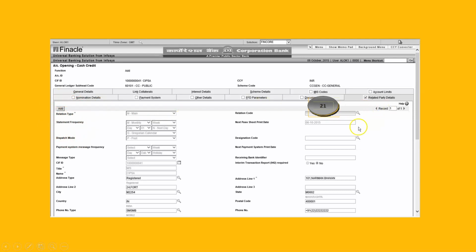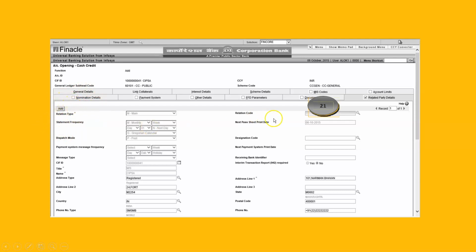related party details. First, when you go to the related party tab here, the first detail will be of the original KIF ID that we have entered while opening the account. Then from your left hand side, we can add any director, 2 directors, 3 directors, depending on the public or private limited companies as per the mandate, right? Or authorized signatory or power of attorney account holder.